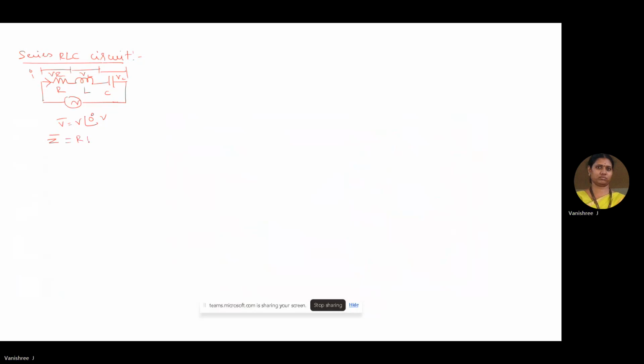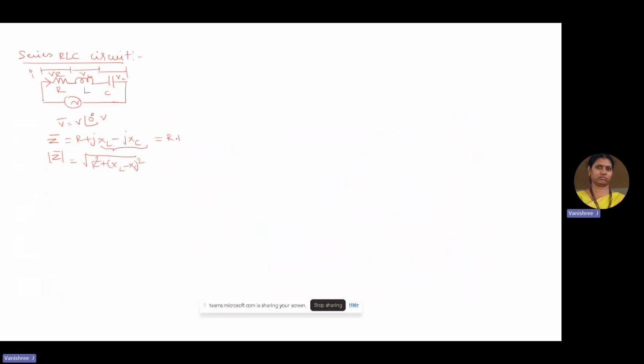It is R plus JXL minus JXC. And what will be the modulus of Z? We get the modulus of Z by taking the square root of R square plus XL minus XC the whole square.